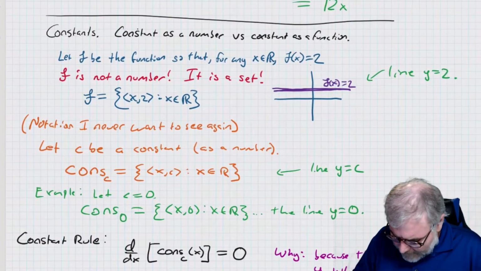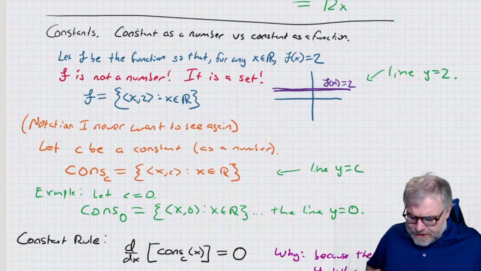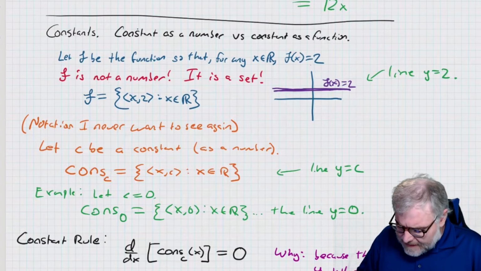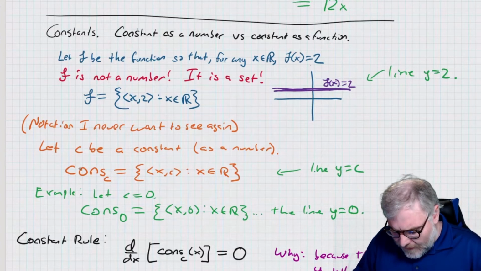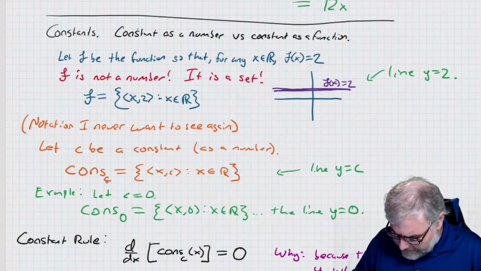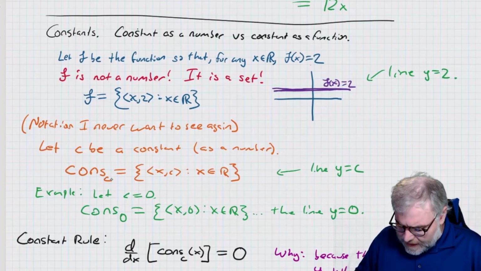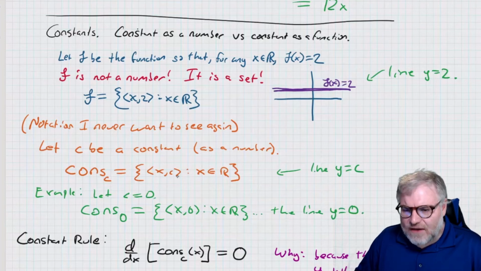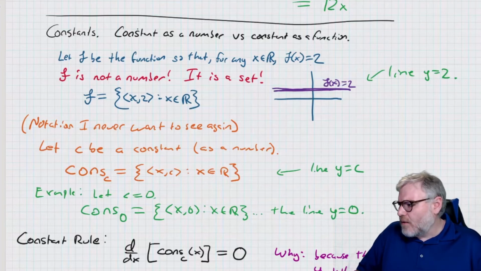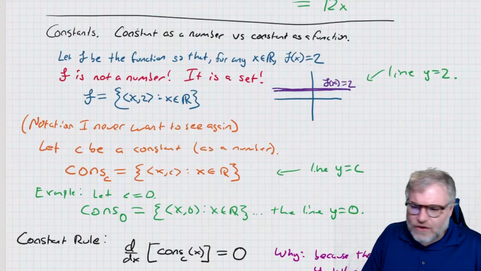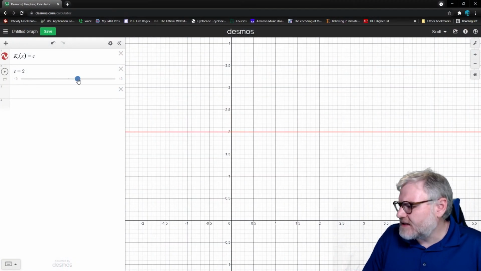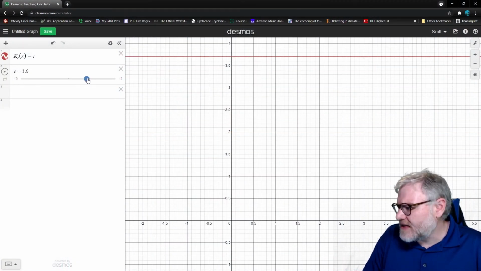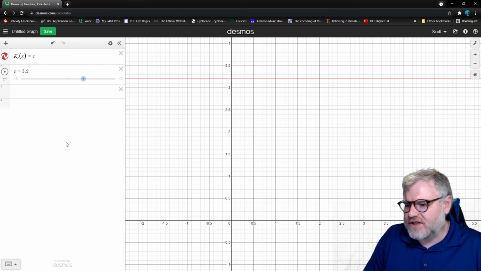Okay? So, this is notation I never want to see again. Let C be the constant as a number. Then the function constant C, with this little notation, equals x comma C for x in the reals. So it's my line. Whatever my C is, right? So here is my C dragger here, and I'm going to set C to be 3.2.